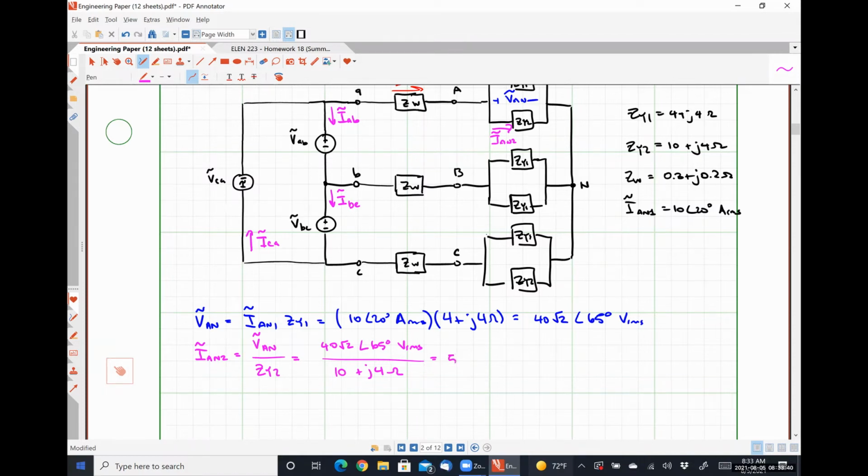I get to be 5.252 with an angle of 43.200 degrees amps RMS.